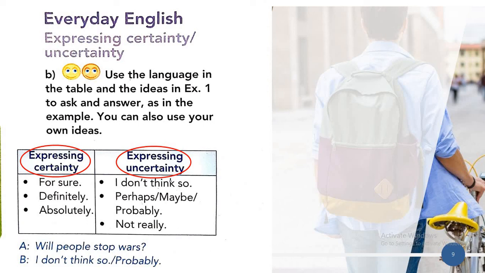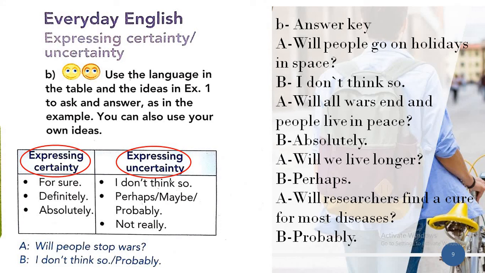So go to exercise 1 to take ideas. Let me show you a suggested answer key. In exercise 1, B, answer key. A: Will people go on holiday in space? B: I don't think so.